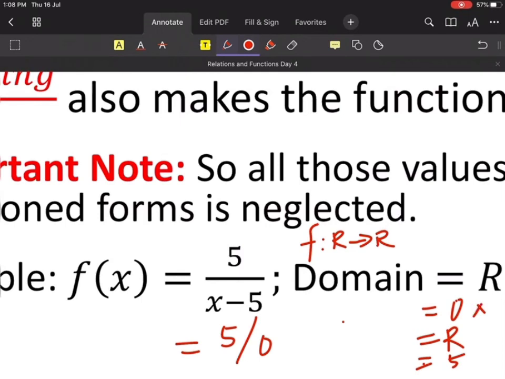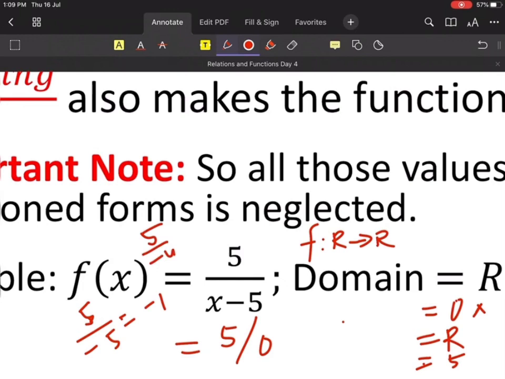0 is wrong. Why is 0 wrong? Look here. What is the definition of domain? All the possible values of x for which the function is defined. Now if I put 0 in here, it becomes 5 by -5, I get -1, and -1 is defined.